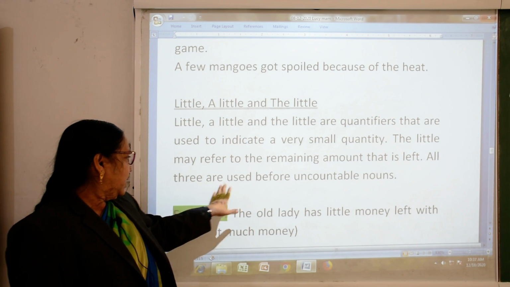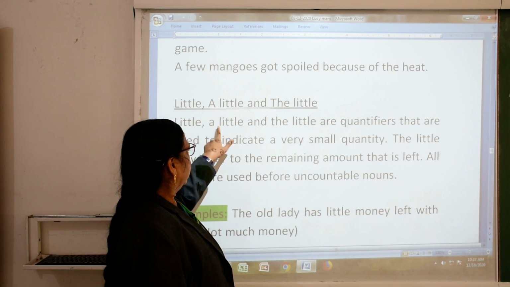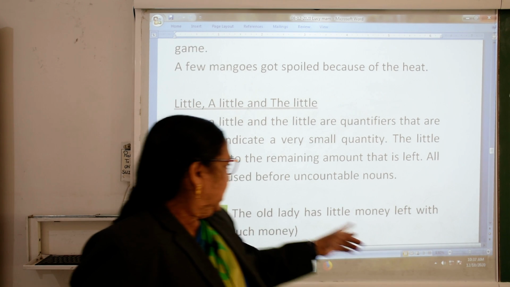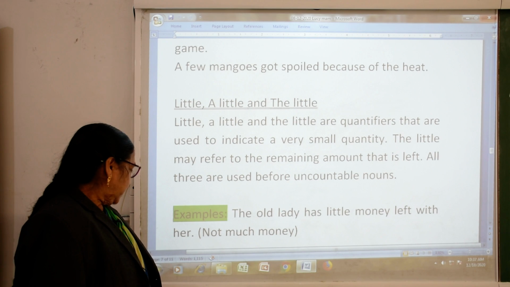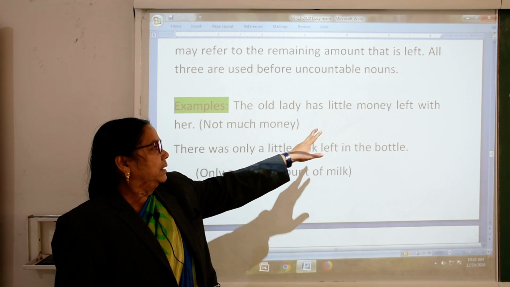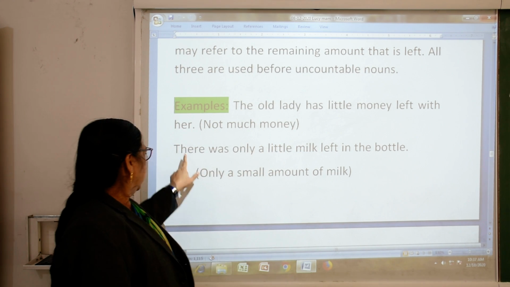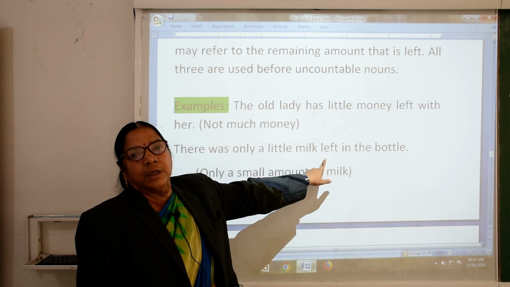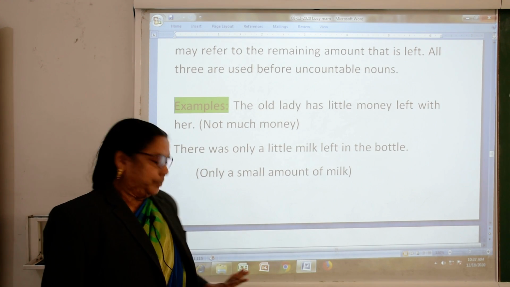All three are used before uncountable nouns. Example, the old lady has little money left with her, means not much money. There was only a little milk left in the bottle, means only a small amount of milk.